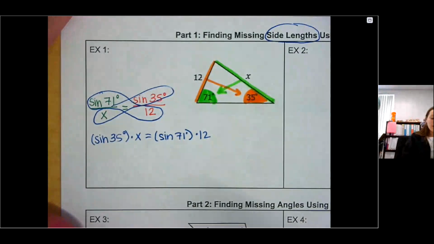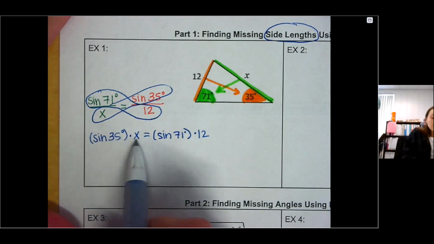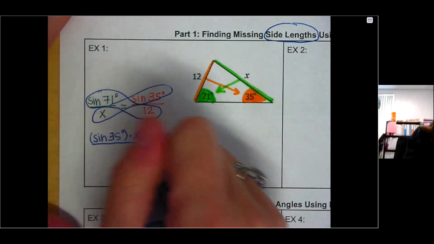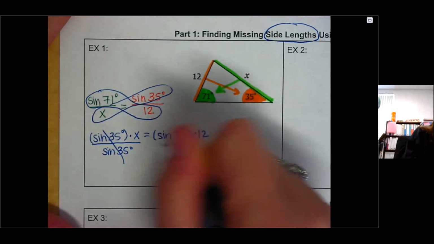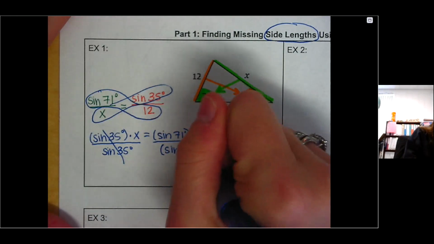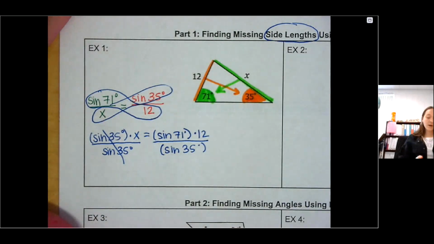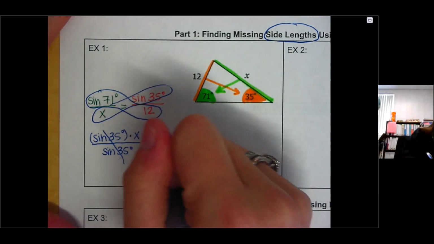Now, this is an algebra problem, and I want to get x by itself. Since this is multiplication, I'm going to do the opposite, which is divide by sine of 35 on both sides. Whatever I do to one side of the equation, I have to do to the other side. It'll cancel over here, and this part I'm just going to plug into my calculator.